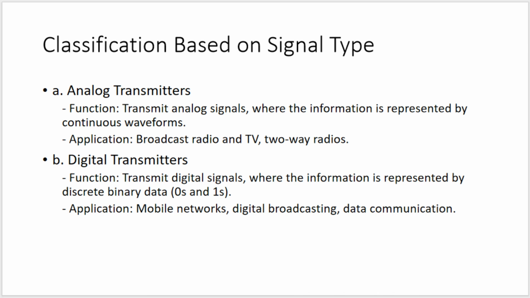A digital transmitter transmits digital signals, where the information is represented by discrete binary data, 0 and 1. Its applications are mobile networks, digital broadcasting, and data communication.